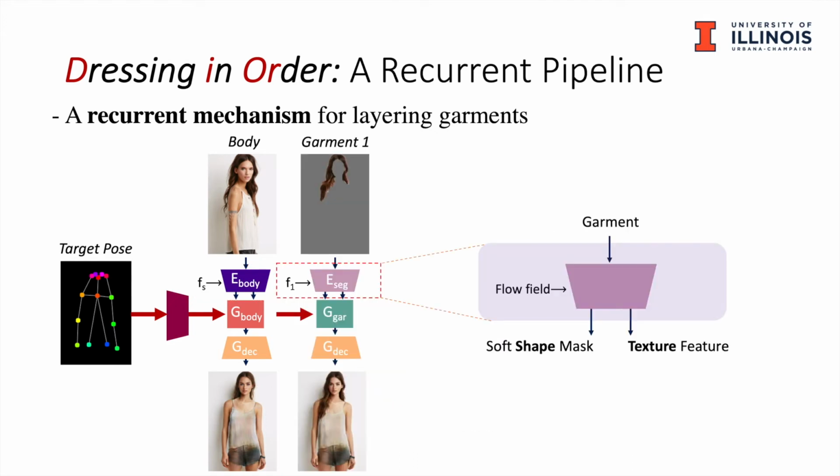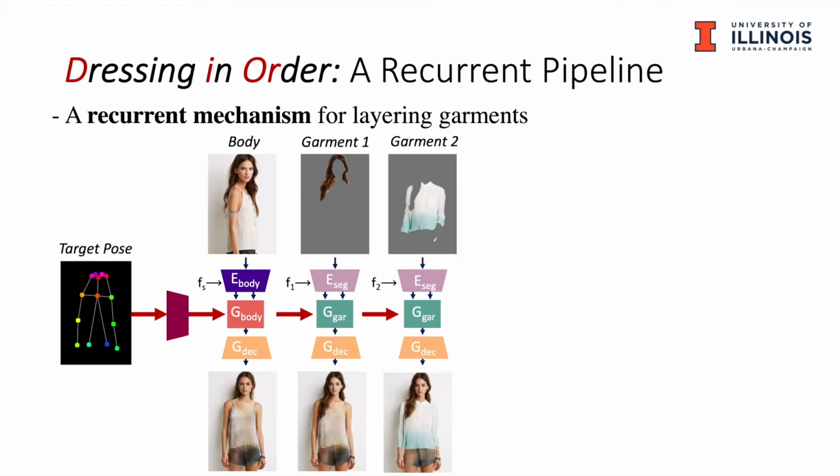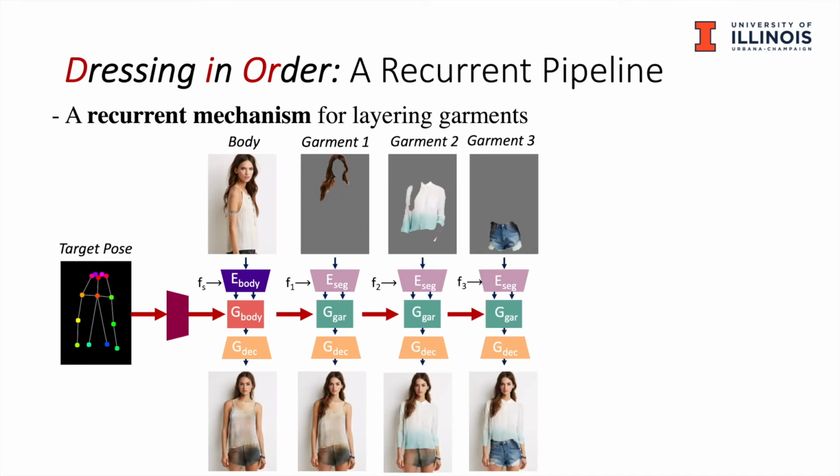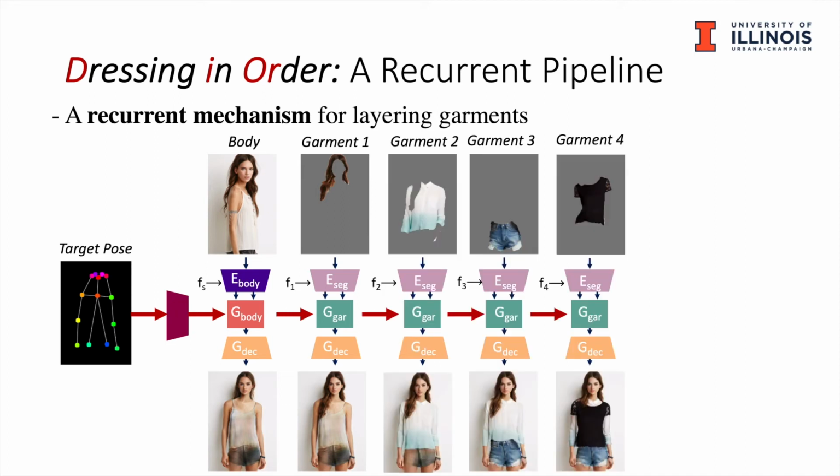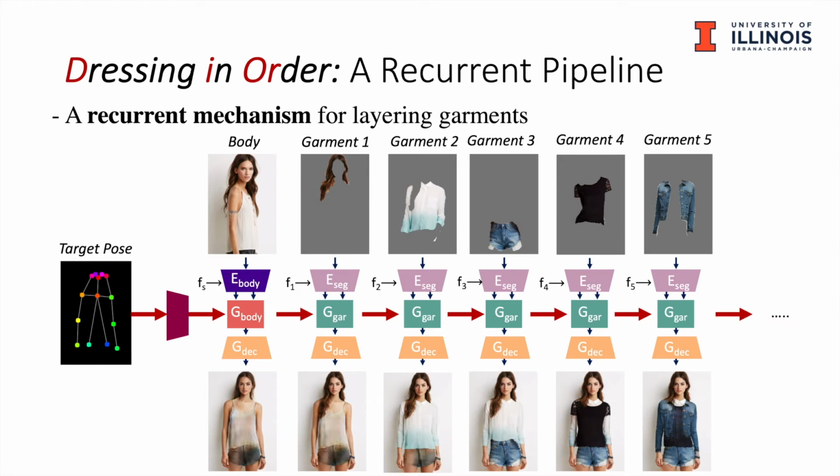Next, for every garment that we are interested in, we separately encode its shape and texture, and we use a generator called G_AR to put it back on the person. G_AR will be recurrently running for every new garment, so we can sequentially layer garments one by one. Technically, we can keep running this step as many times as we want because this is a recurrent mechanism.